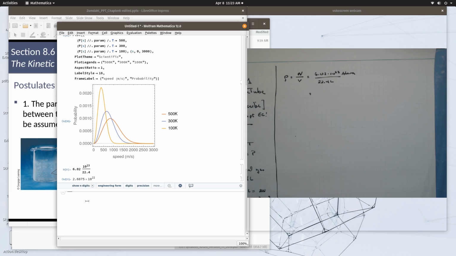Okay, so 2.6875 times 10 to the 22 atoms per liter.